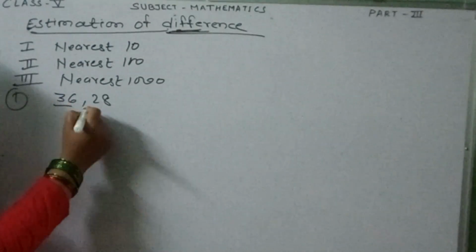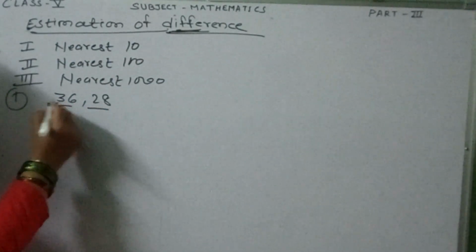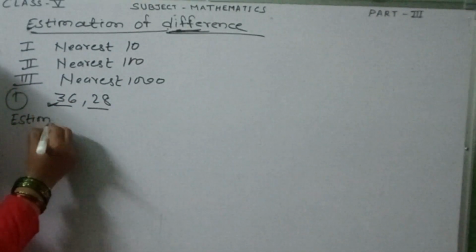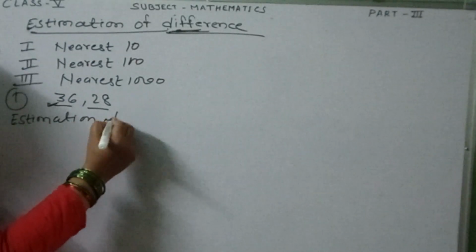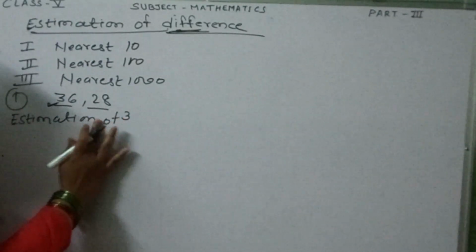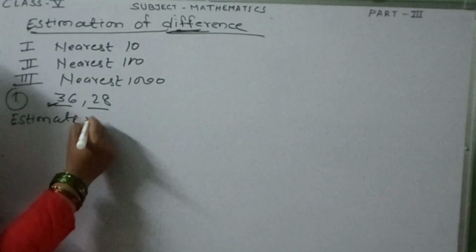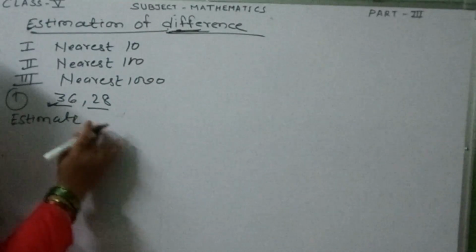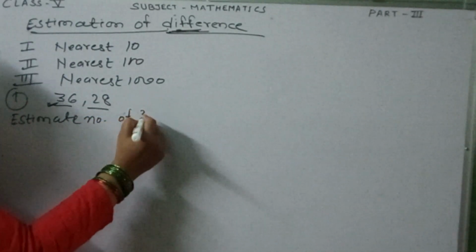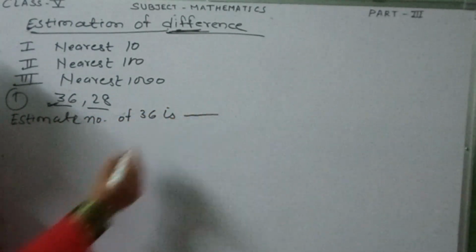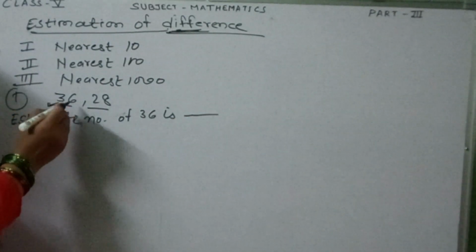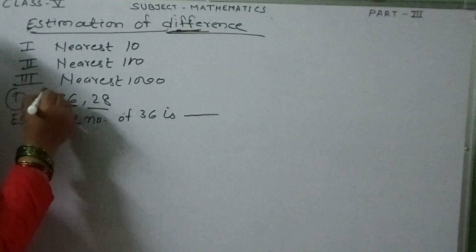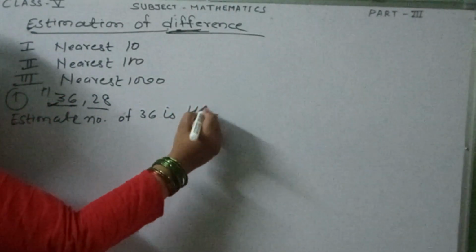Okay, the first work is to find the estimate value of the given numbers. The estimate number of 36 is what? Compare here, the ones digit is 6 and 6 is greater than 5. So we will add 1 here, it is 4 and 0.